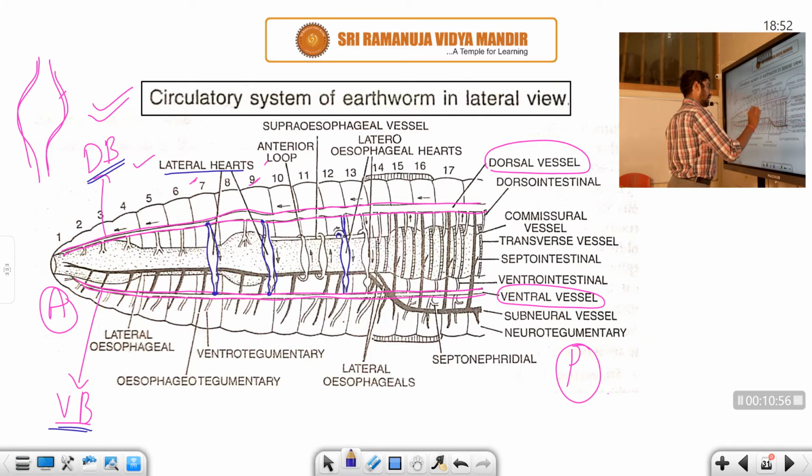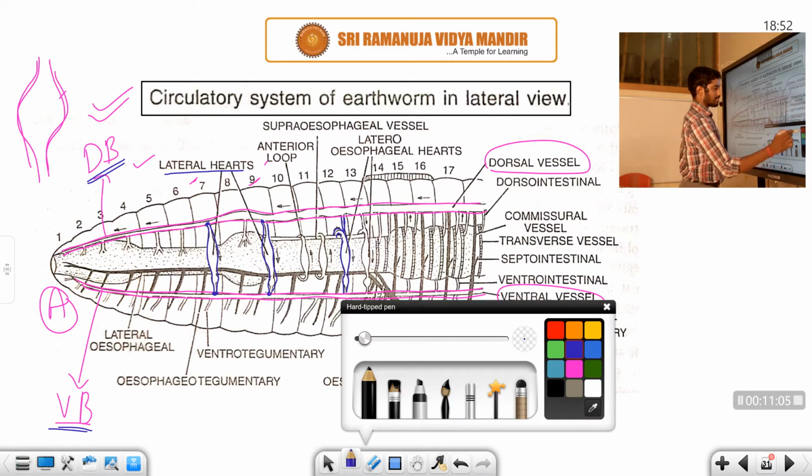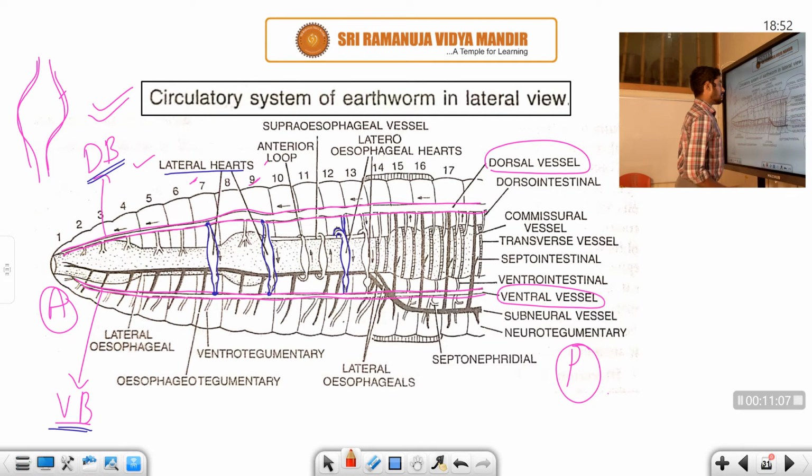It is connected to the dorsal blood vessel and the supraesophageal blood vessel. I will also discuss the supraesophageal blood vessel. Students, you can see from the 9th segment up to the 13th segment: 9th, 10th, 11th, 12th, 13th.